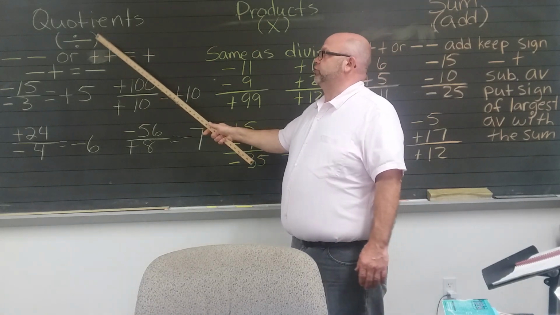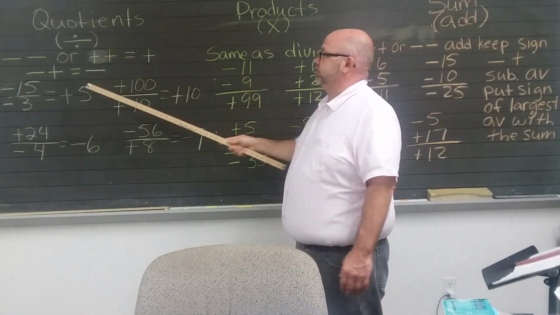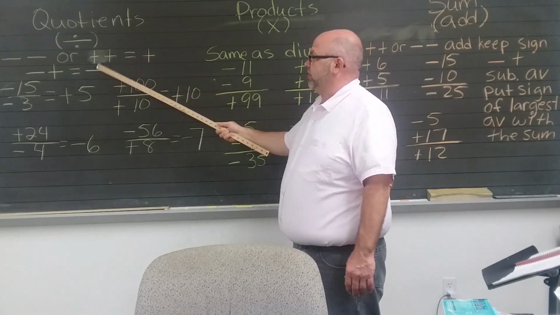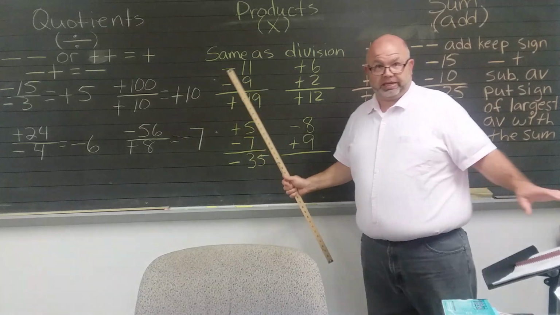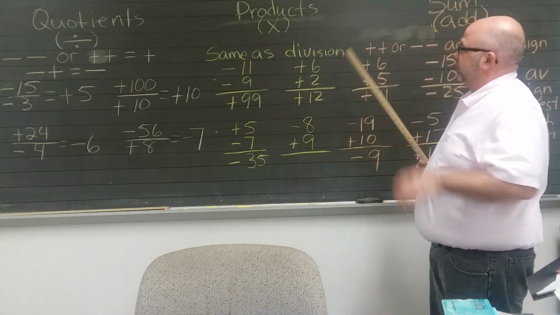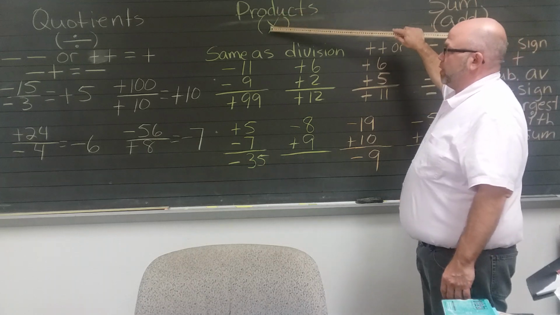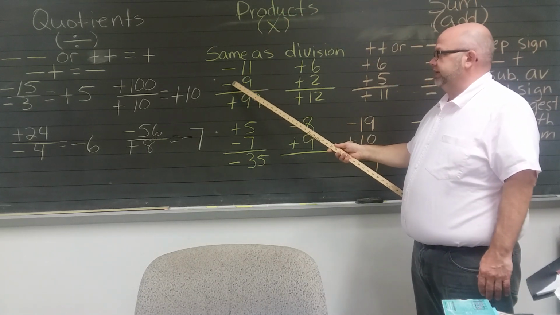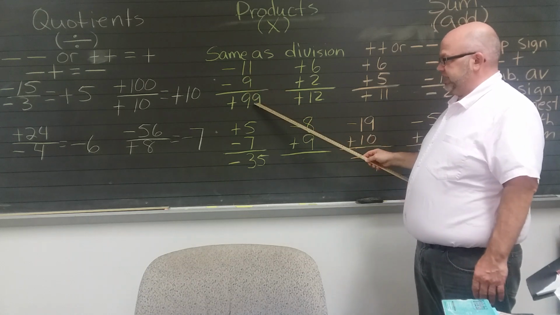That same thing is true for multiplication. The way you use the signs and how that affects the answer is exactly the same for multiplication. Okay, so I have that here. Same as division. So if you see product, you're multiplying. Negative 11 times negative 9. 11 times 9 is 99.